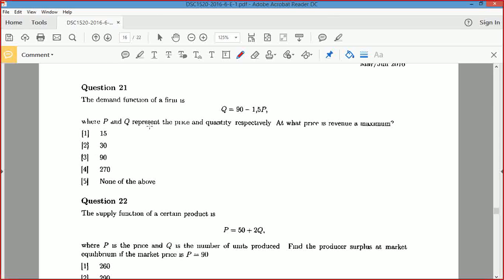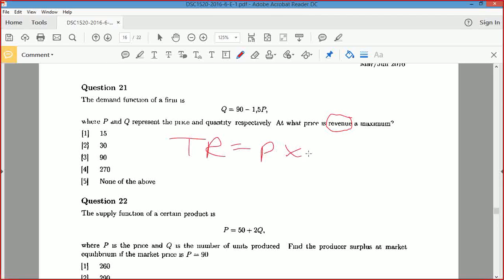Okay, 21. Focus here. At what price is revenue at maximum? So if we're looking at maximum, is it derivatives again? Get a derivative. Good. Okay, so they want to know maximum revenue. Before I can work out maximum revenue, I first need revenue. What is revenue?